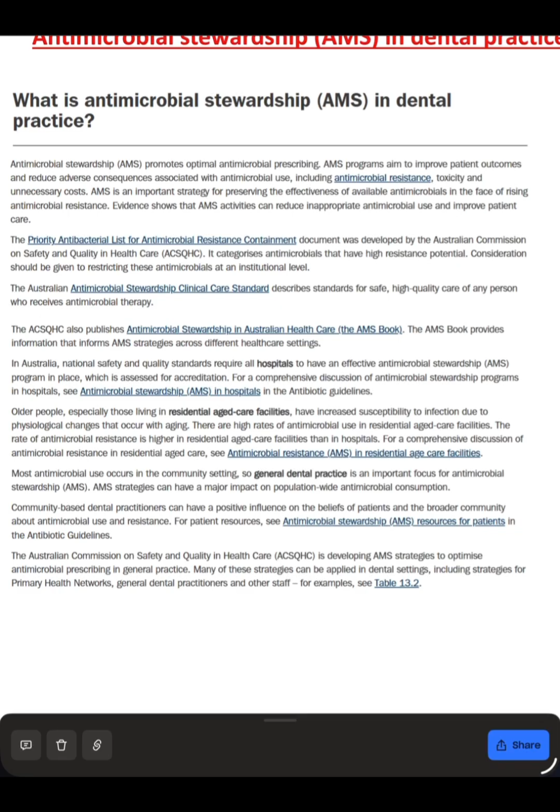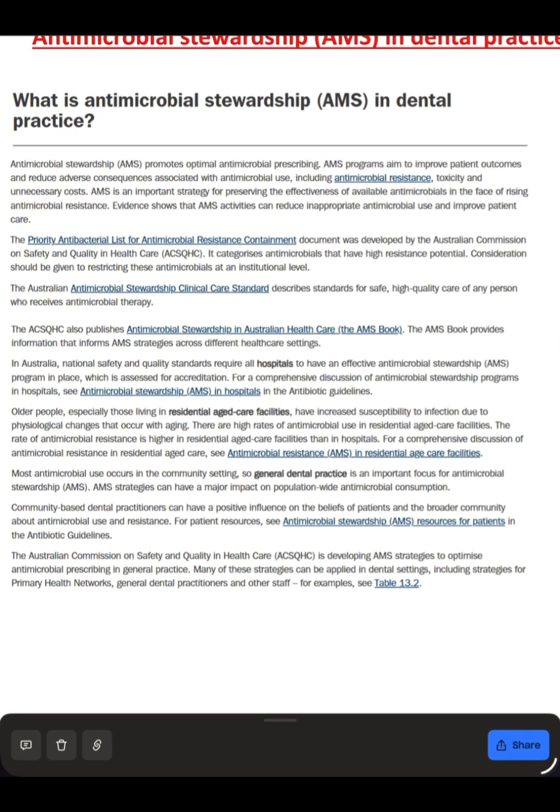AMS is an important strategy for preserving the effectiveness of available antimicrobials in the face of rising antimicrobial resistance. Evidence shows that AMS activities can reduce inappropriate antimicrobial use and also improve patient care.